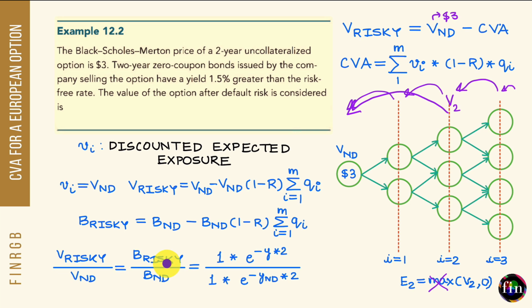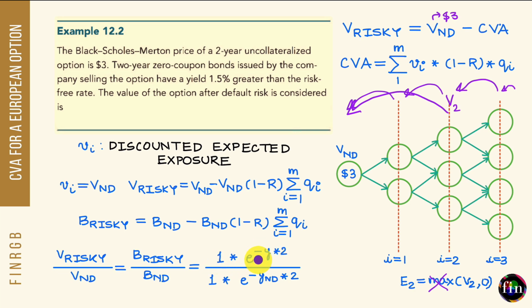B risky, which is the value of my zero coupon bond taking the default risk of my company into account, would simply be equal to the face value of this ZCB, which I can assume to be 1, times a discount factor which works with, let's say, a risky yield as the discount rate.